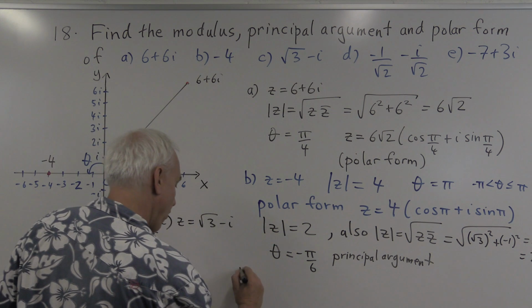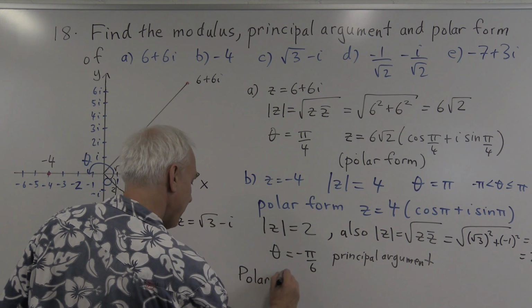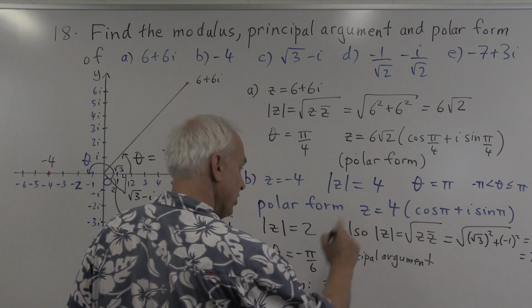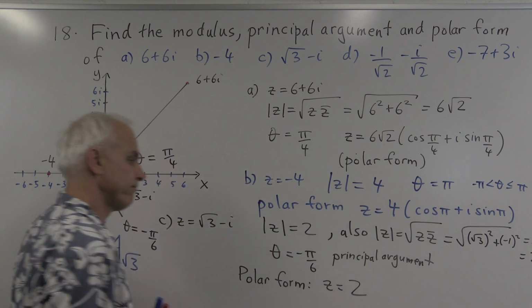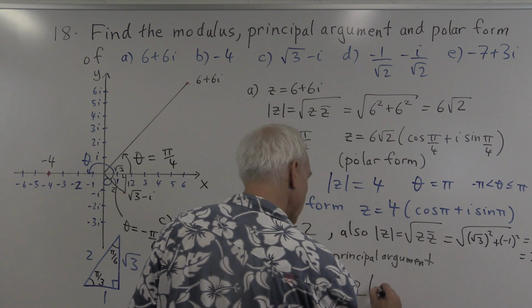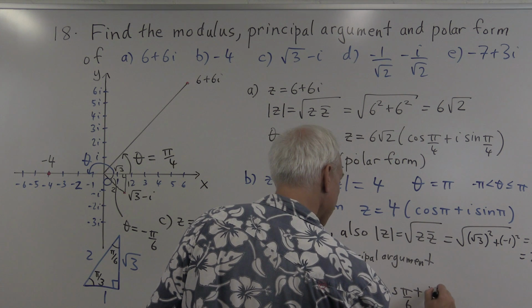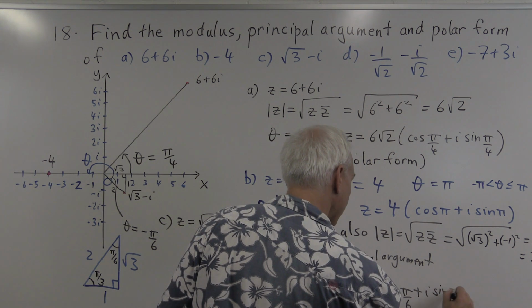And so the polar form will be z equals, the modulus is 2, and then we have cosine pi by 6 plus i sine pi by 6.